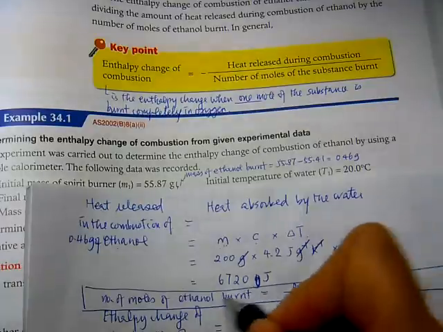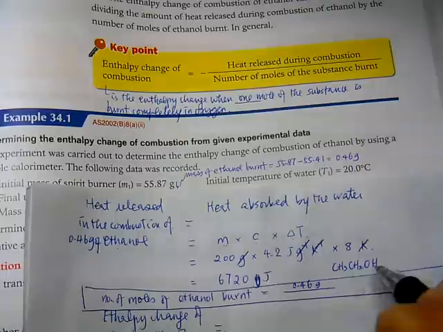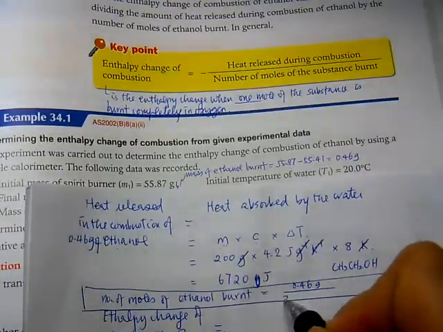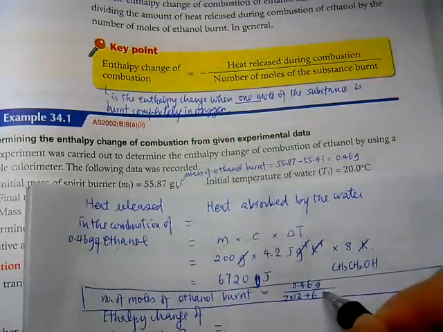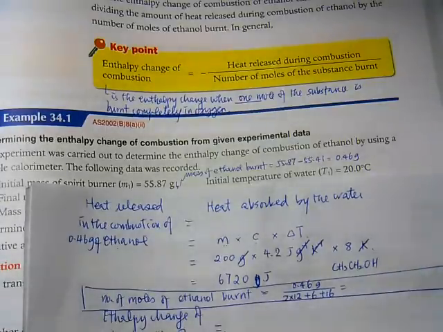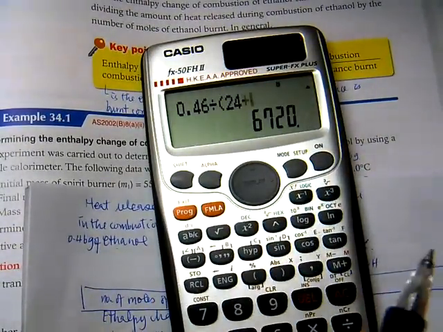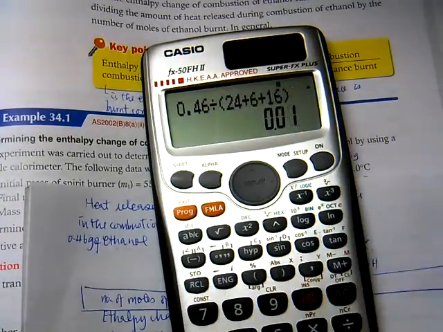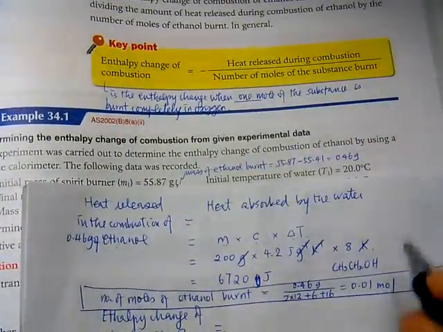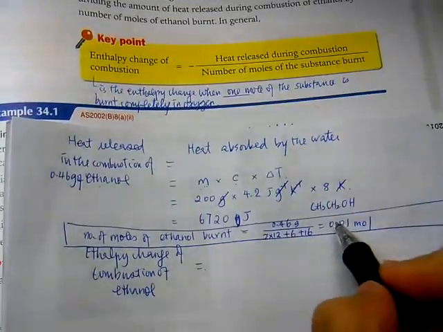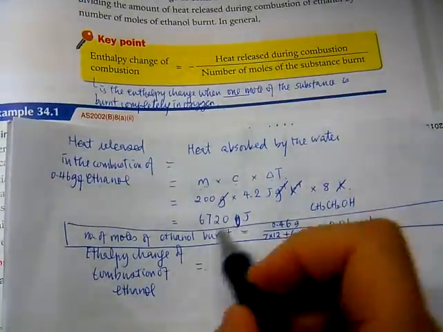The formula for ethanol is CH3CH2OH. Therefore, molar mass of ethanol, 2 times 12 plus 6 plus 16, which gives 0.01 mole. Now, in other words, in this experiment, we have 0.01 mole of ethanol burnt.